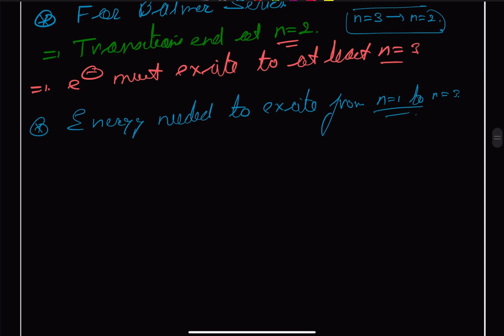The general formula we already know, that energy at the nth level, E of n, will be equal to minus 13.6 divided by n square electron volt.